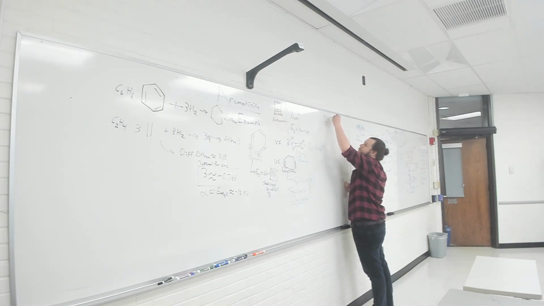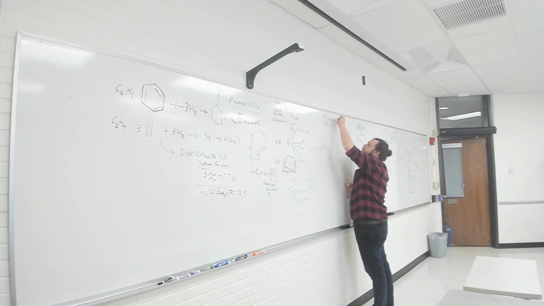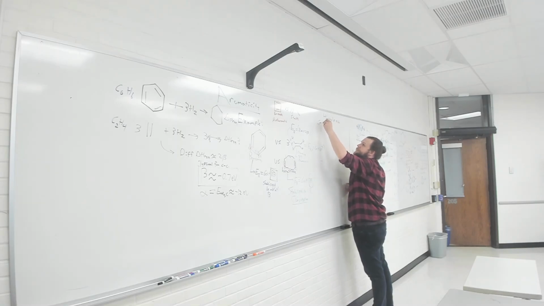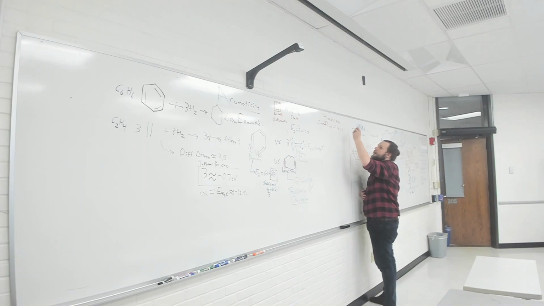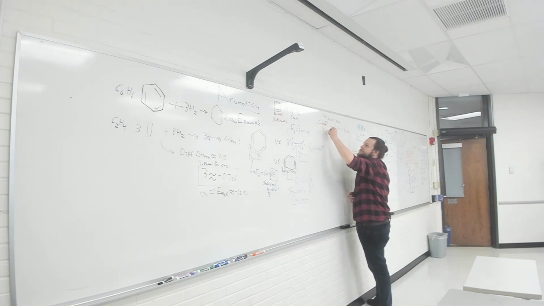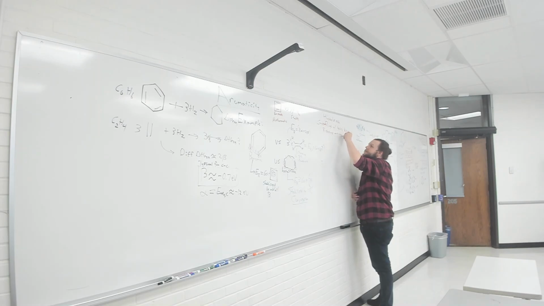Huckel's rule: rings, conjugated rings with 4n plus 2, so that's either 6, or 10, 14 pi electrons, and are planar are more stable than their linear counterparts.